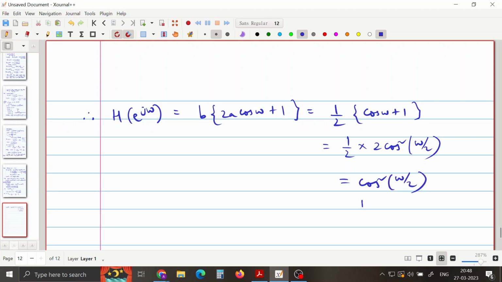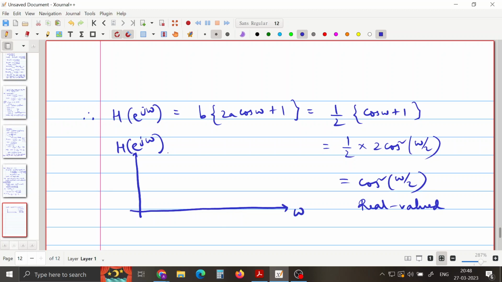Okay, and of course it's a real valued frequency response, and if you plot it, square of cosine, so if you plot this H of e power j omega, which is basically cos square omega by 2, at omega equals 0 you get 1, at omega equals pi it drops to 0, at omega equals 2 pi it is basically minus 1 square, which is again 1.